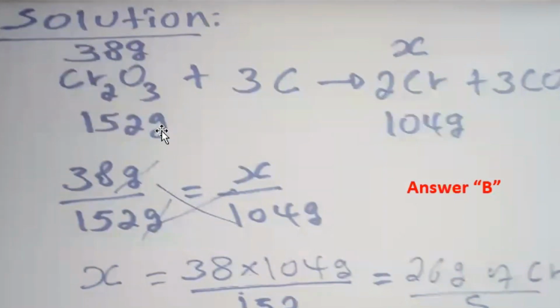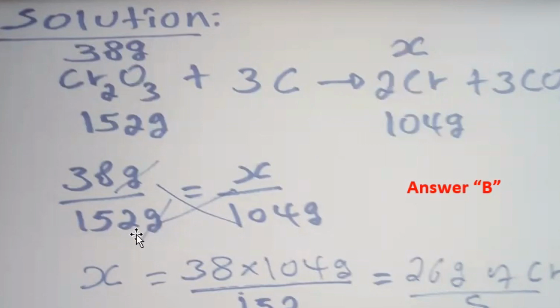From this balanced chemical equation, 152 grams of Cr2O3 is required to produce 104 grams. 38 grams of Cr2O3 is required to produce X amount of what?